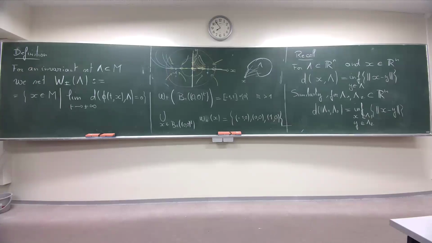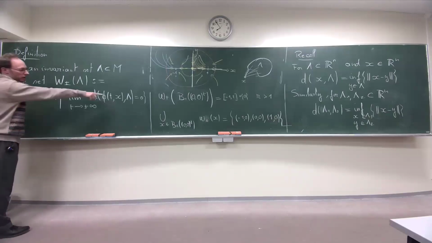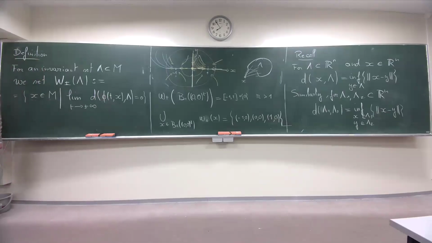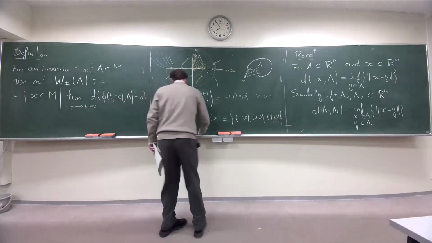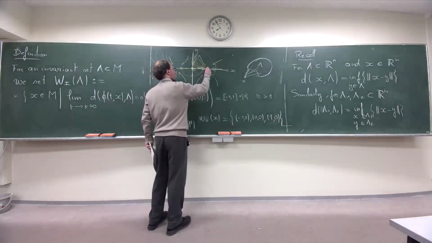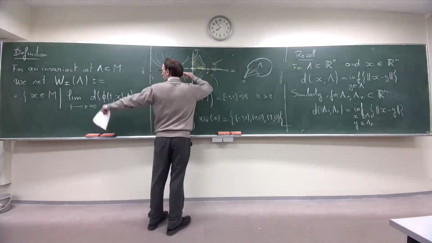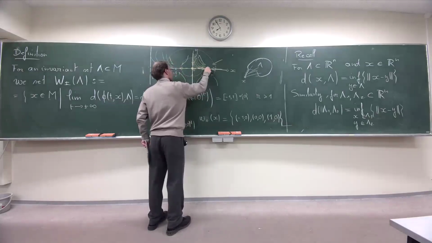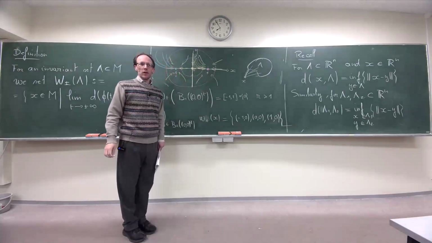So what does it mean? I fix an invariant set, and I look at all points which are becoming closer and closer to this set lambda as t goes to plus or minus infinity. So on this picture, if I fix, it can be a set, so I can take, for example, just one point.